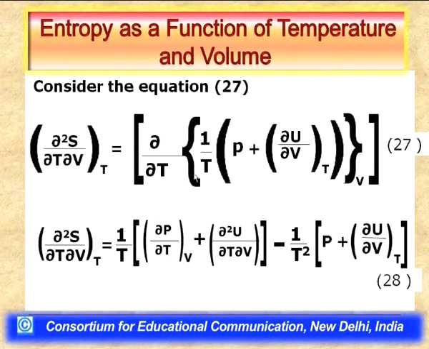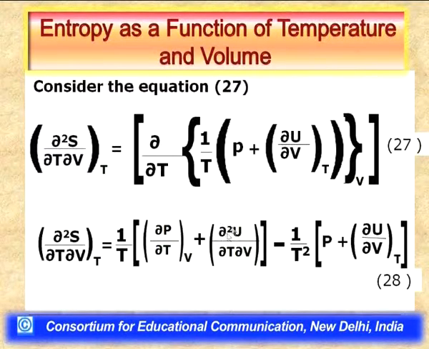So, let us first write 1 by T as such and differentiate the bracket term first. The first term is pressure, so we write its differential as del P by del T at constant volume, plus we need to differentiate this differential coefficient, which is the differential of internal energy with respect to volume at constant temperature, with respect to temperature at constant volume.